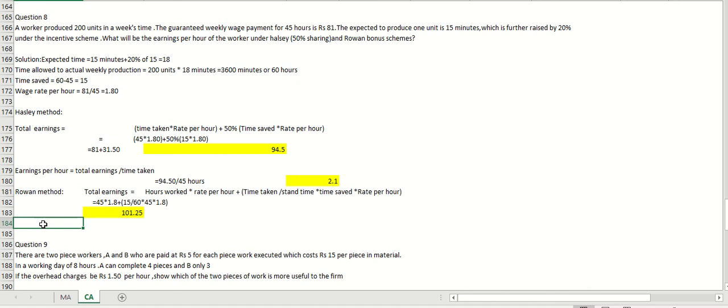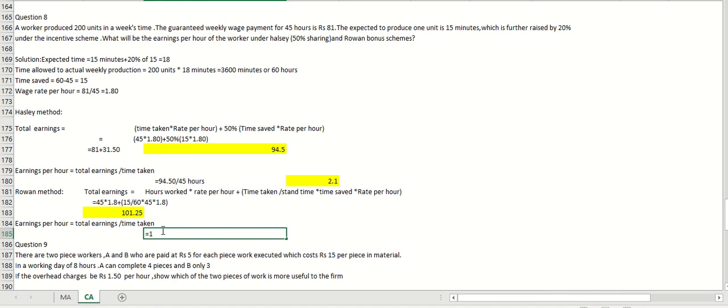Now your earnings per hour is calculated the same way, which is total earnings divided by time taken. So total earnings is 101.25 divided by 45 hours, which you get 2.25 as your answer.